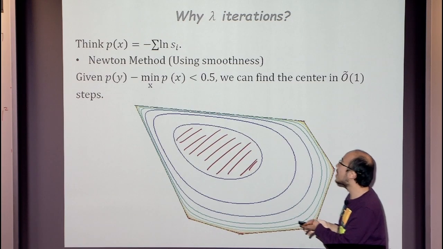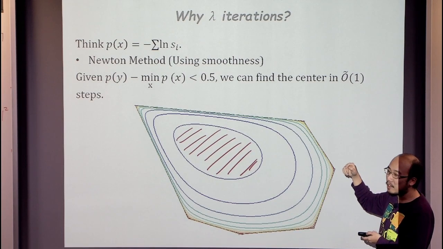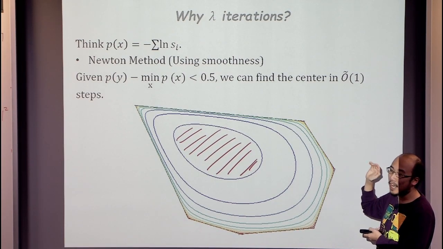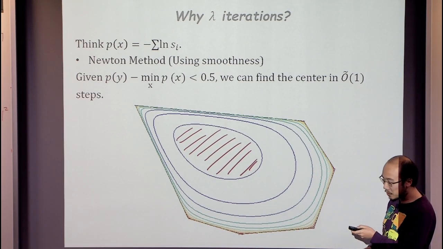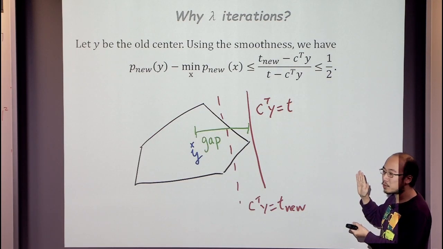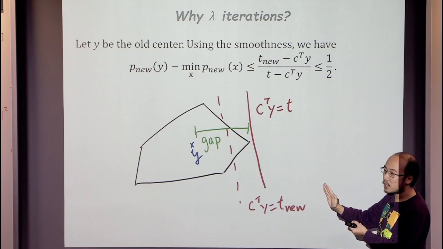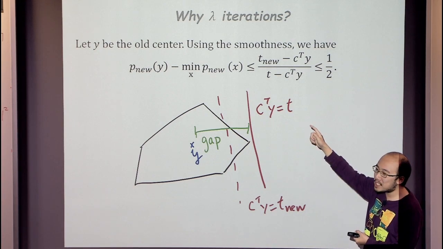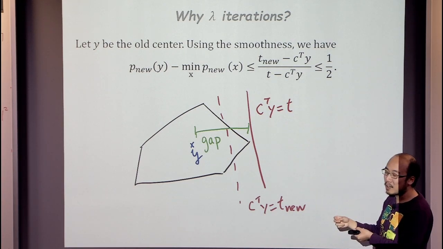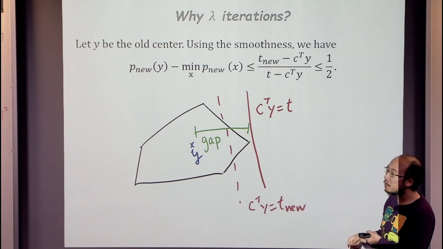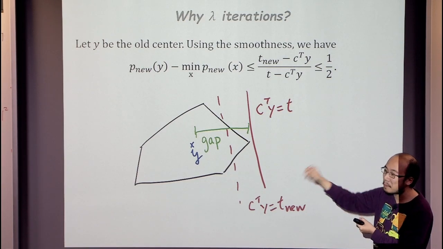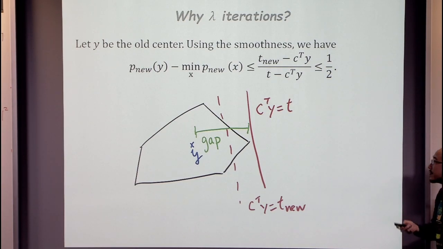Remember, in the last slides I promised you that whenever the error is less than a constant, you can find the center. So each step, you can push the constraint such that the old center still gives you a constant error for the new center. If this holds, then you can use the Newton method to find the new center.